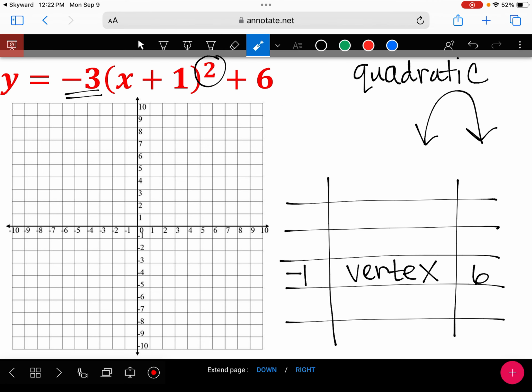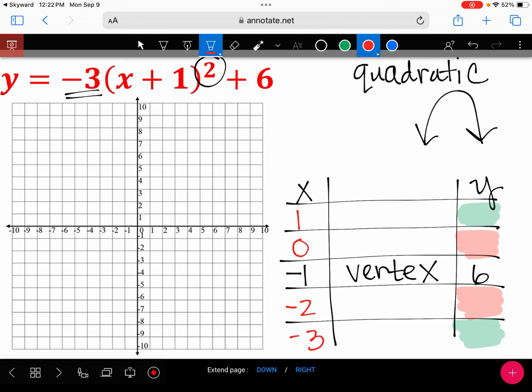All right, so we got our vertex. It's at -1, +6. And again, we're just going to pick the numbers going up and going down. Now, because this one is a quadratic, we do have some repeating values. So I'm going to give you a moment. I'm not going to write it out. Go ahead and find those 4 values.